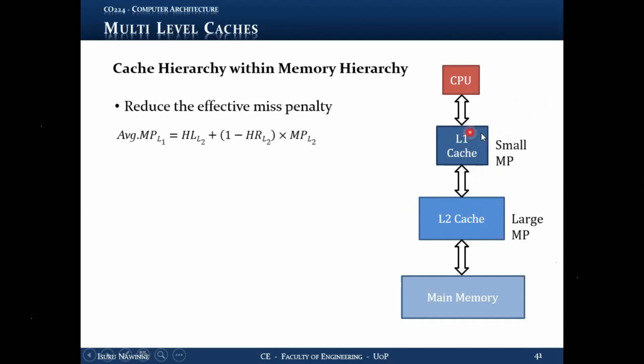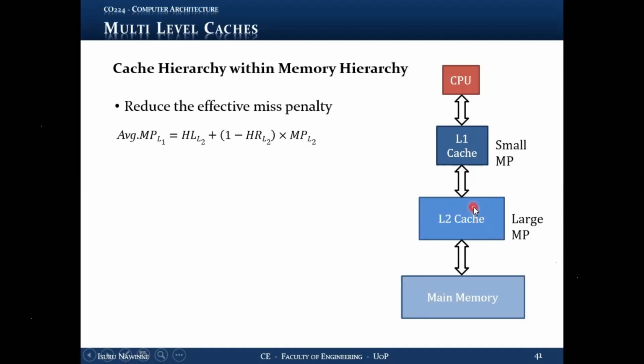So for the first level cache, the effective miss penalty is small because most of the misses can be served at the second level. So it depends on the second level cache's hit rate. But if you can assume a good hit rate here, then most of the first level misses are served at the second level with only a few cycles penalty.